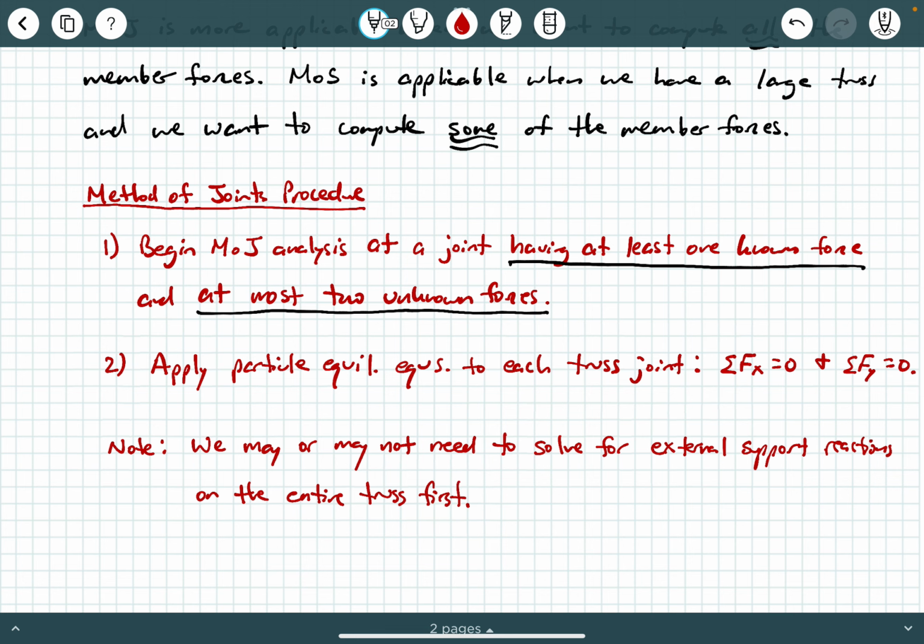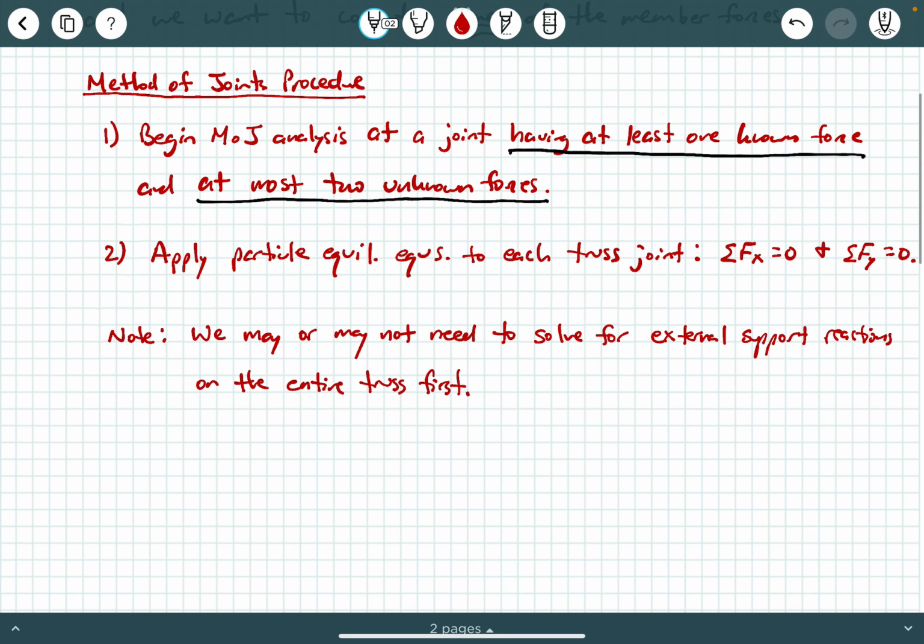Okay, what does that mean? Well, remember, your truss is still going to be supported by some external supports. Now, depending on the geometry of the truss itself, you may or may not need to get those external support reactions first. So let's look at an illustration.